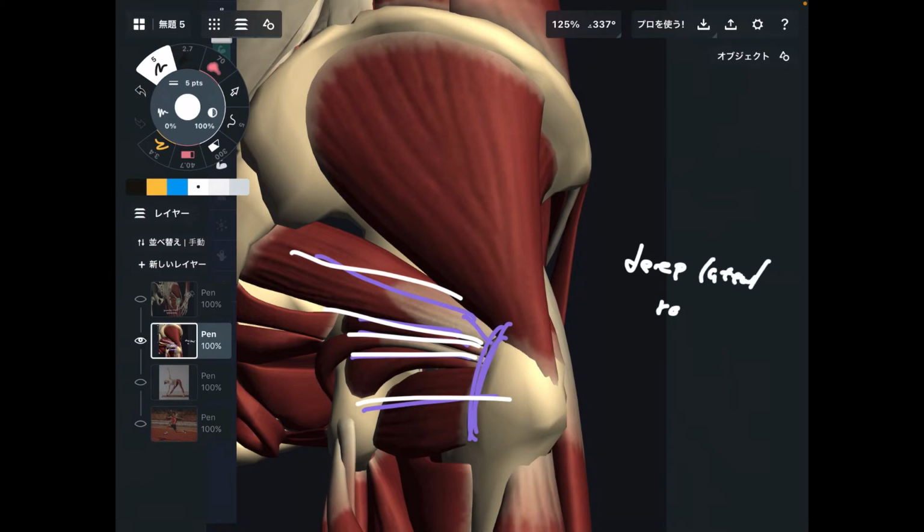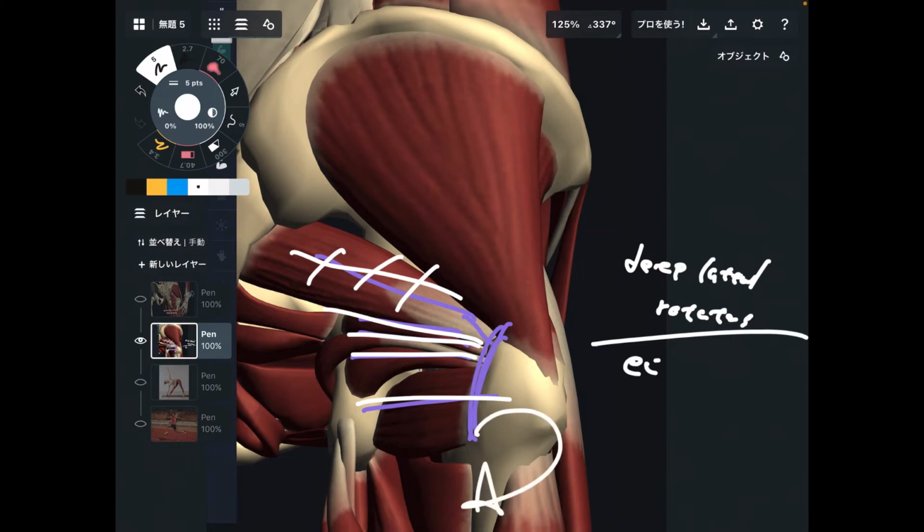As the name of these muscles implies, the main function is external rotation. Plus, look at the size of these muscles. They are slightly tiny. They are slightly thinner compared to gluteus medius and other big hip muscles, right?